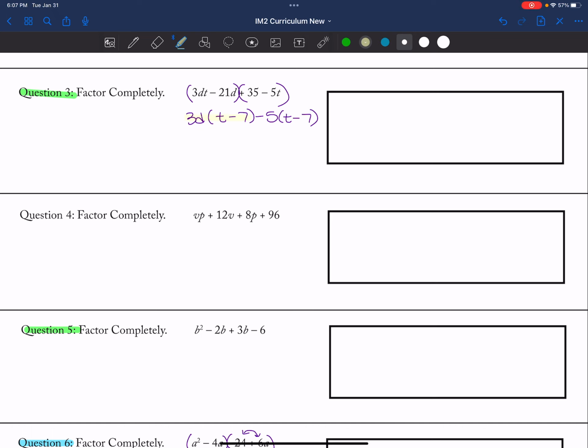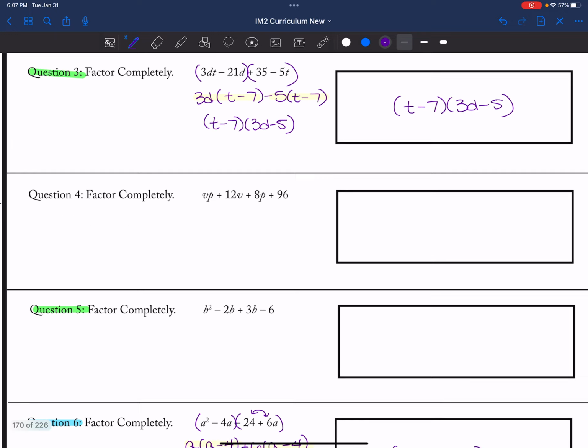So then what's in common between my two terms is a T minus 7, and I'm left with 3D minus 5. So my answer is T minus 7 and 3D minus 5.